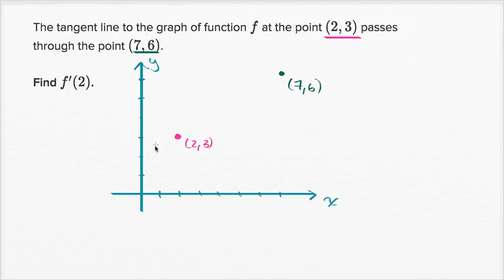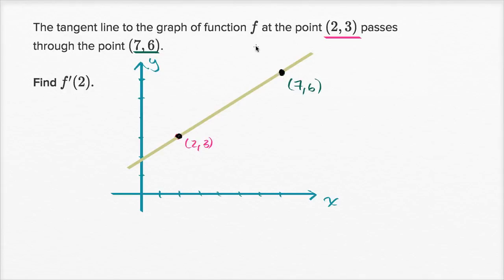Let me draw it. Okay, there you go. The tangent line is going to look like that. It's tangent to f right at (2, 3), and it goes through the point (7, 6).